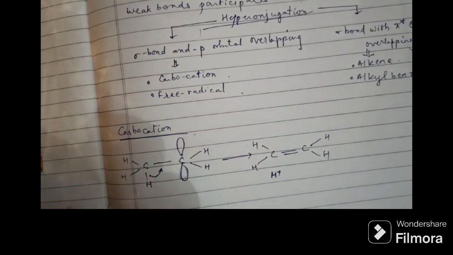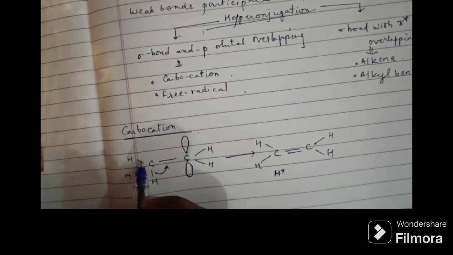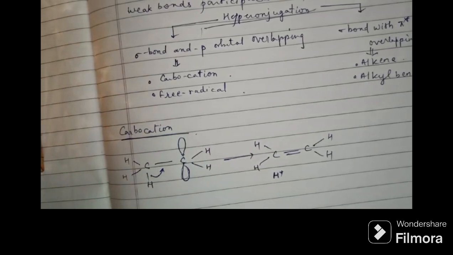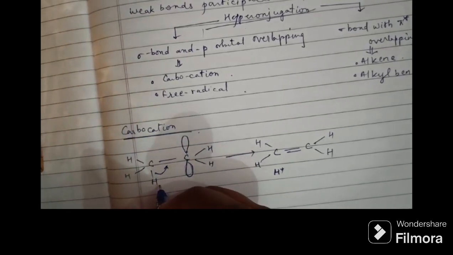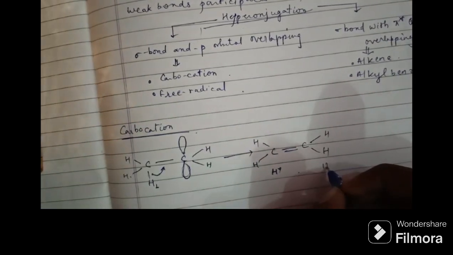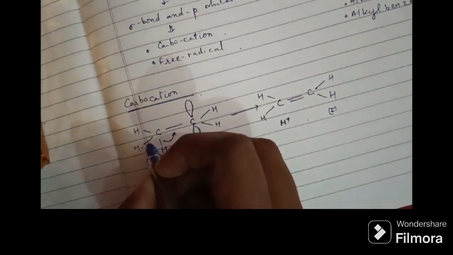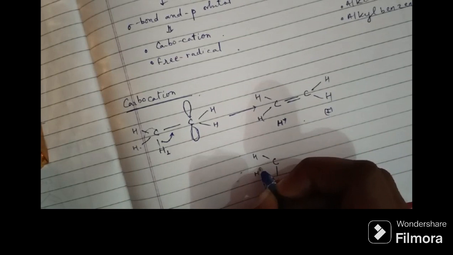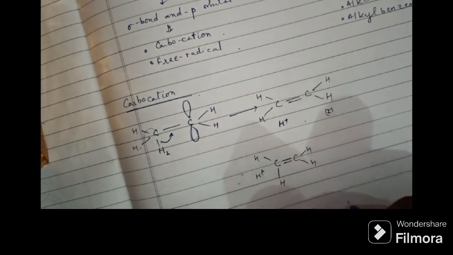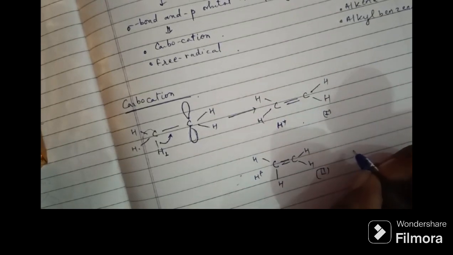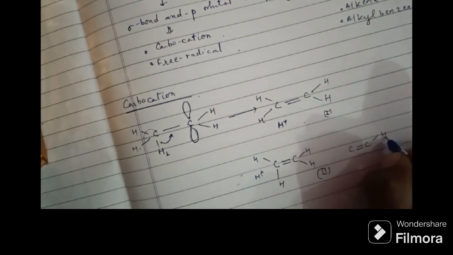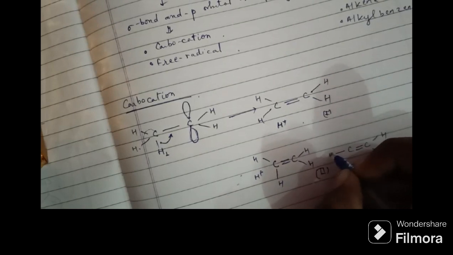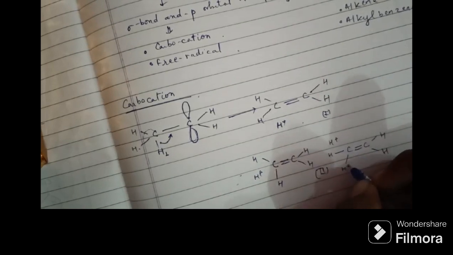There are three possibilities that any one of these hydrogens can take part in this hyperconjugation. So either hydrogen number 1, that can be one structure. The second one is if this bond breaks, and the third possibility is this.